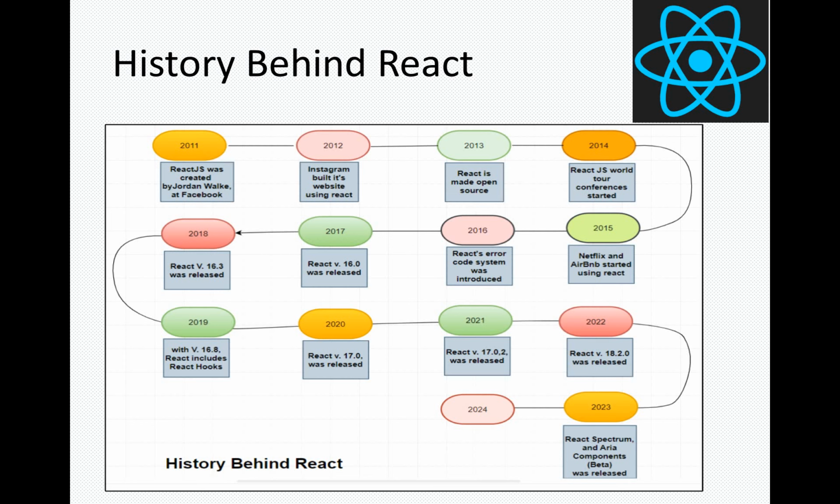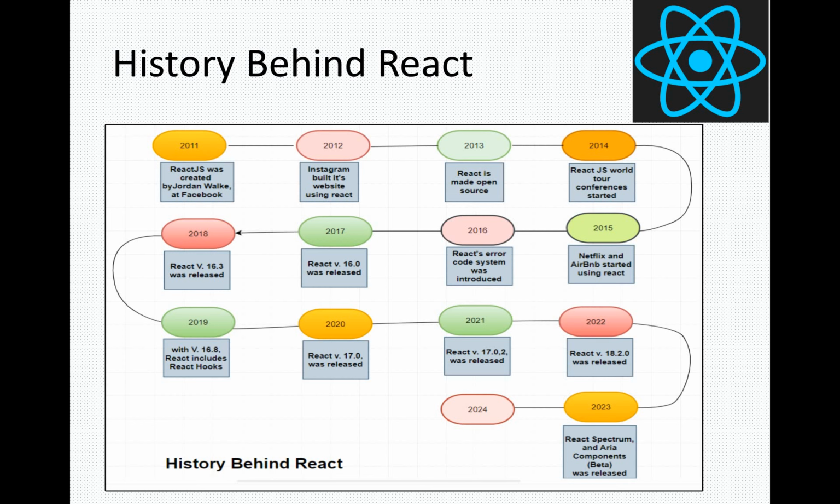In 2016, the React error code system was introduced, and in 2017 React 16.0 was released as a major version. In 2018, React 16.3 was released, introducing various key features, including support for ES6. Then in 2019 they released the major version 16.8 including React hooks, which is very important.